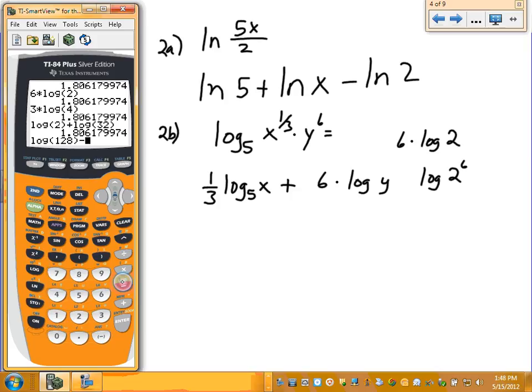Log of 128 minus log of 2, since 128 divided by 2 is 64. That's the same 1.806 answer. You're going to have to take a calculator and figure out some logs that are the same.